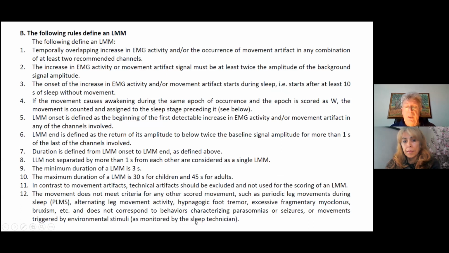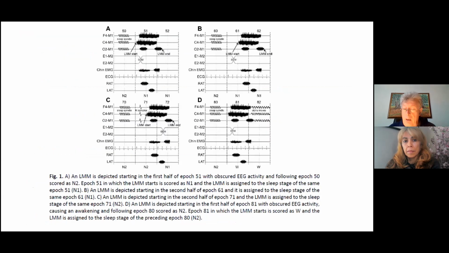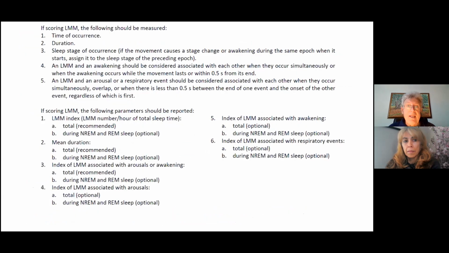Of course, we know that when we record this PSG, the sleep technician always indicates the occurrence of these events. Oh, sorry, I went to the last one, but yeah, we have to talk about these other details.